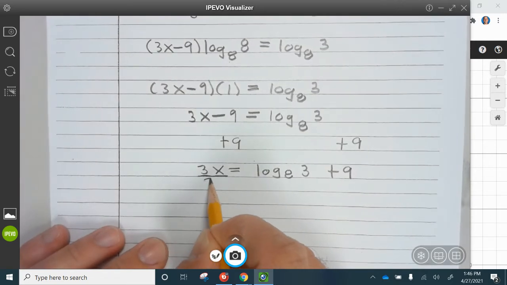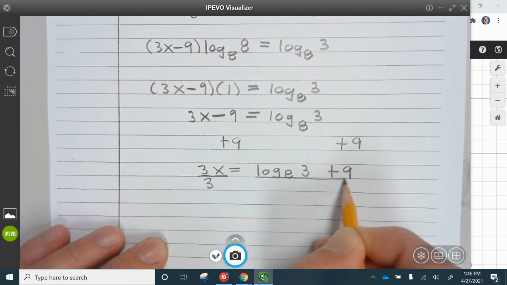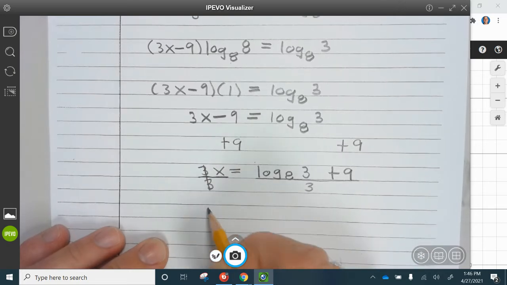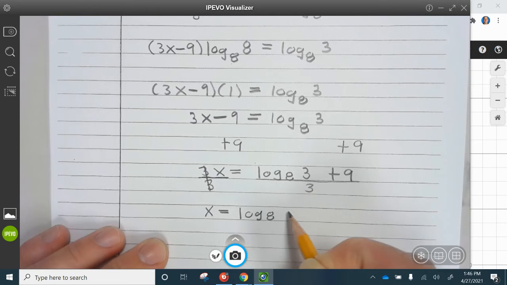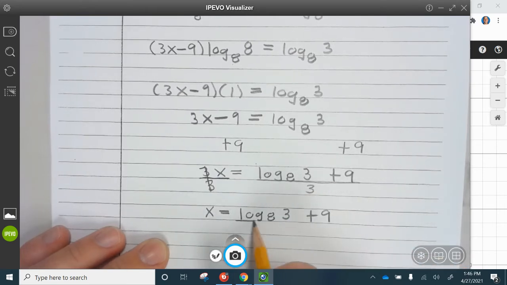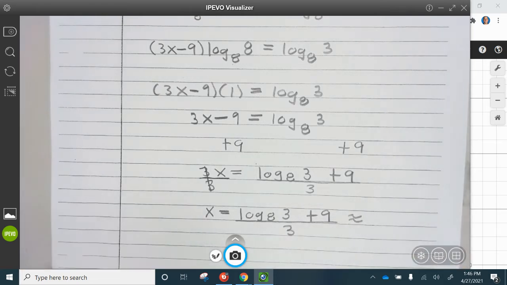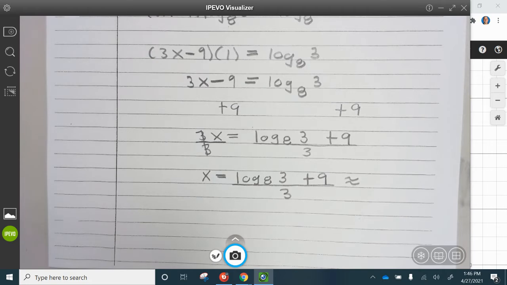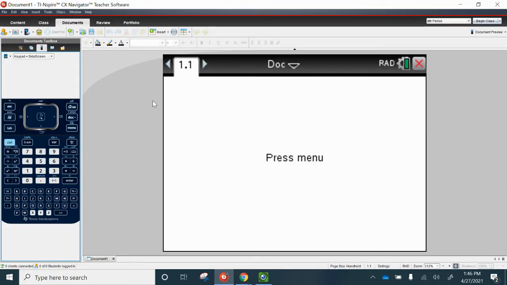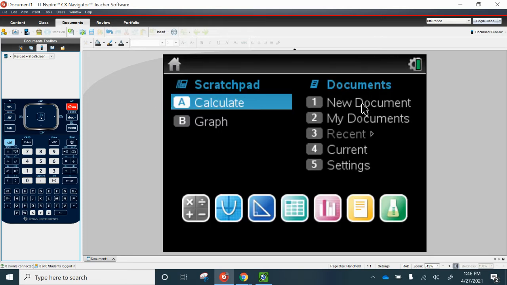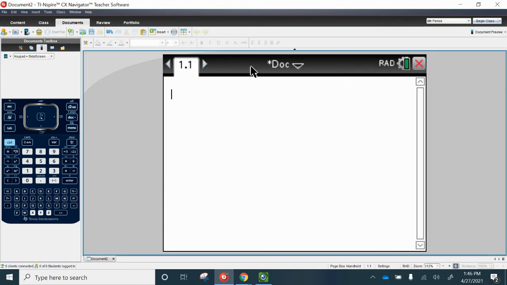Divide both sides by 3. That divides and becomes 1. So x equals, the exact solution is log base 8 of 3 plus 9, divided by 3. But we know that approximately is, and we're going to plug that into our calculator. Okay. All right. So on new document, add calculator.